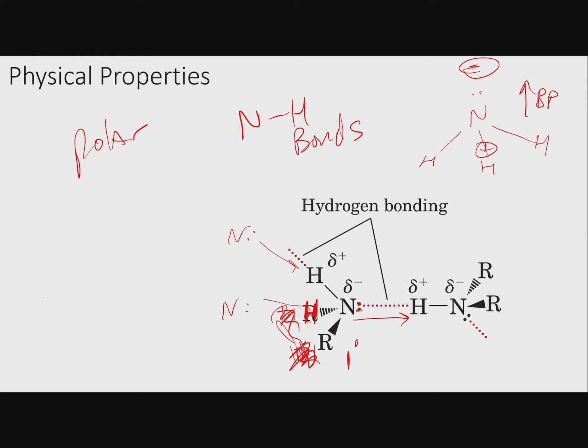What's good to note is that tertiary amines cannot hydrogen bond to each other because none of them have H's. So even though tertiary amines could hydrogen bond with water and still be soluble, in terms of boiling point, from high to low, it's going to be primary, secondary, and tertiary, because these guys do not have hydrogen bonding ability.